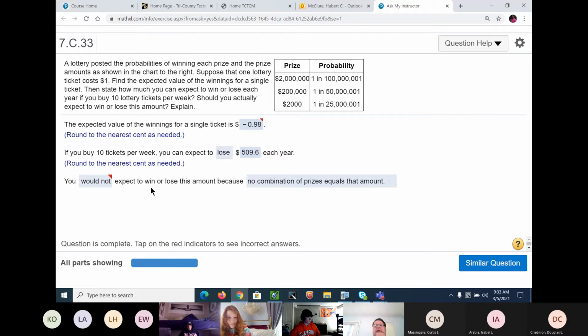I don't understand how you would say would not expect to win or lose. I think they need to reword that. That first part of that sentence definitely don't make sense. It definitely needs to be reworded.